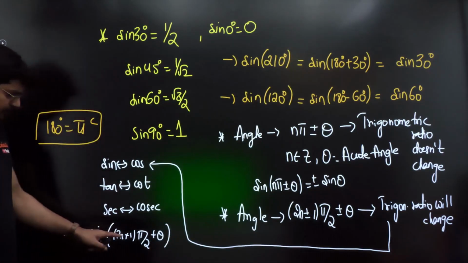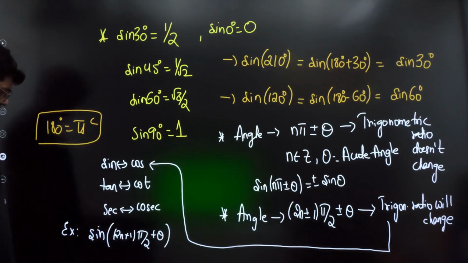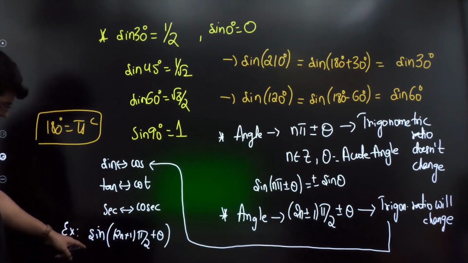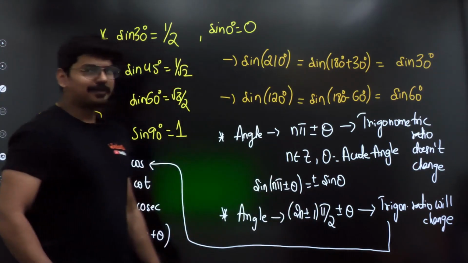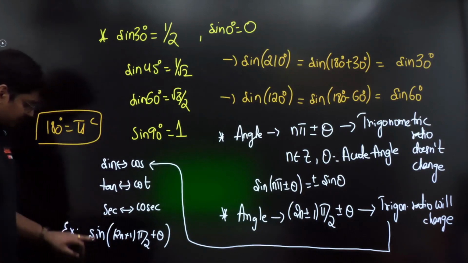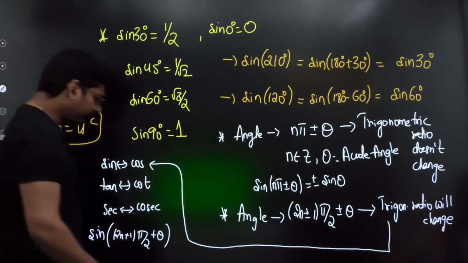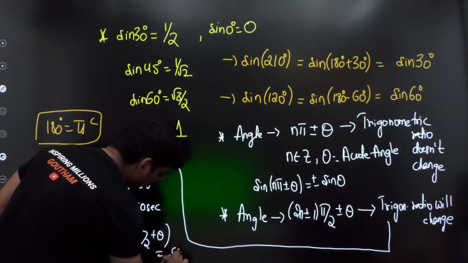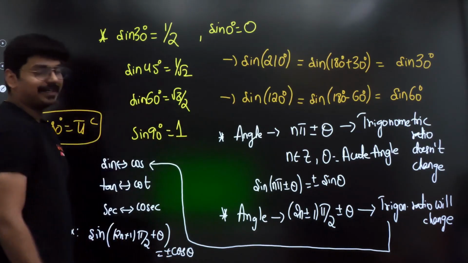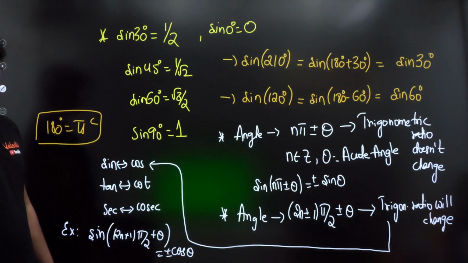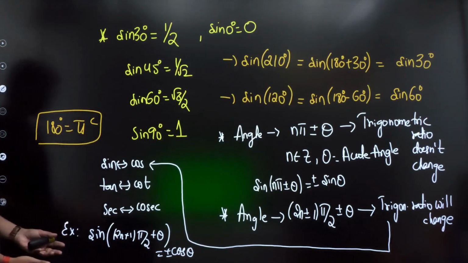Now since you have the angle in this particular way, what is going to happen? The trigonometric ratio is going to change. So sine is going to become what? It is going to become cos. Whether it's going to be positive or negative cos theta, that we need to decide. But I hope this entire discussion is clear for you.